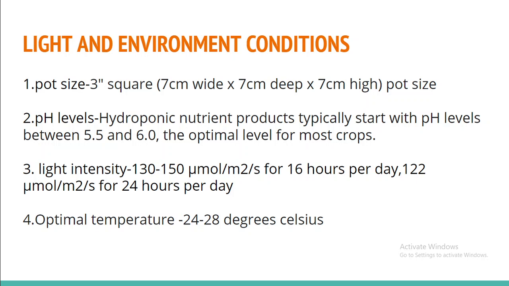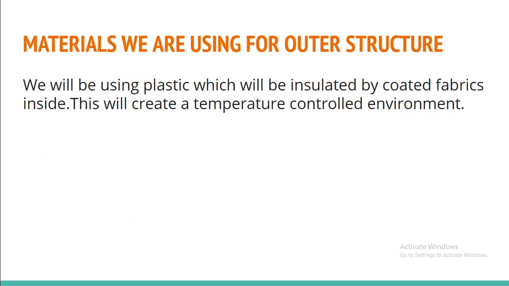And if you are using 24 hours a day, then we will be using 122 mu mole meter square per second, which is PPFD. And the optimal growth temperature for each and every plant ranges from 24 to 28, so we will be optimally maintaining 25 to 26 degrees in our system.